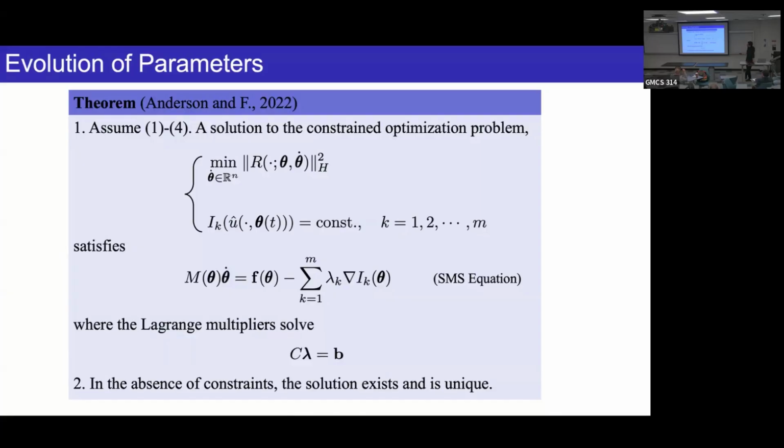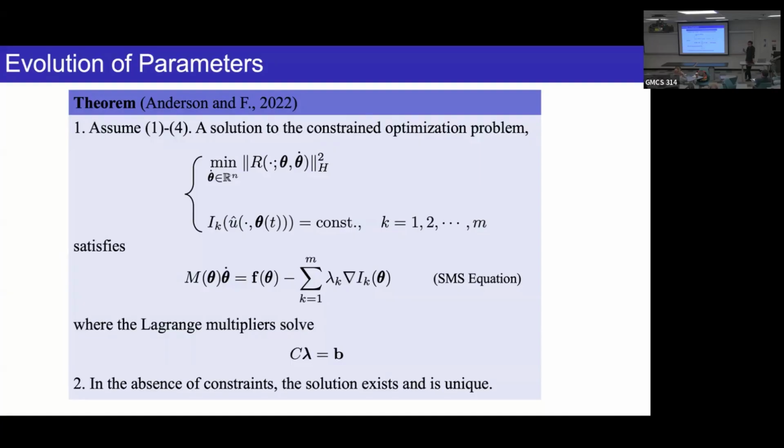And this expression is a linear combination of the gradients of the conserved quantities with some Lagrange multipliers that enforce these constraints, where the Lagrange multipliers satisfy this linear equation. And as I said, again, C is a small matrix typically, and so it's not too hard to solve this linear equation numerically.